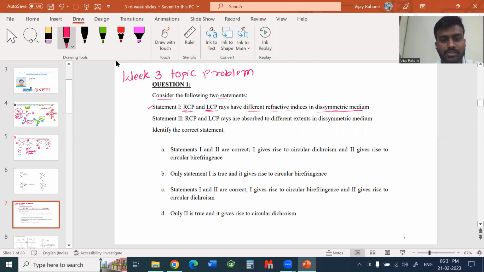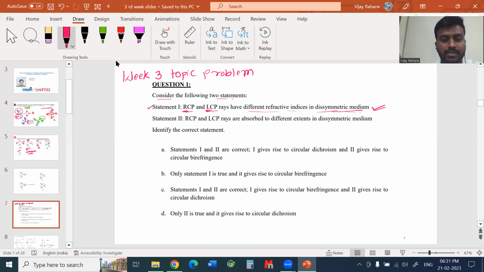So this is the first statement. If you see, this is the correct statement, right? Because right and left circularly polarized light have different refractive indices in a dissymmetric medium. This is the correct one.